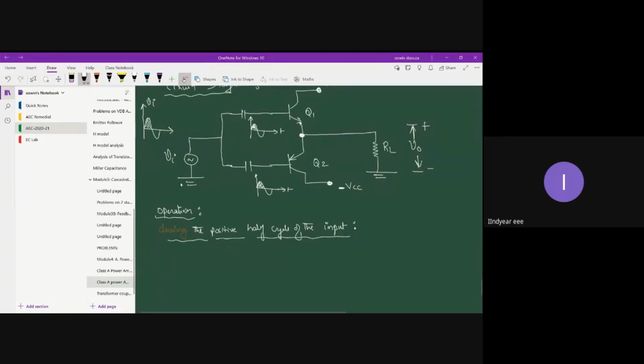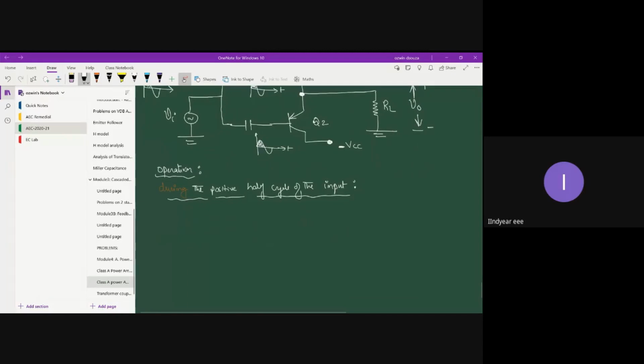So during the positive half cycle of the input, transistor Q1 conducts. That's because Q1 is an NPN transistor, and NPN transistors work for positive voltage levels. PNP cannot handle a positive going signal, because PNP works for a negative going signal.